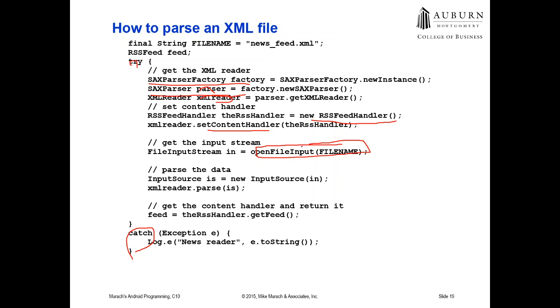Download a file, and input stream. After defining the input stream, you have to read the source itself, and the source will be parsed using the XML reader, and then the content will be returned using this method.